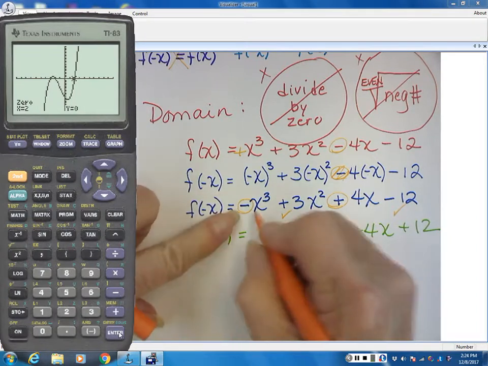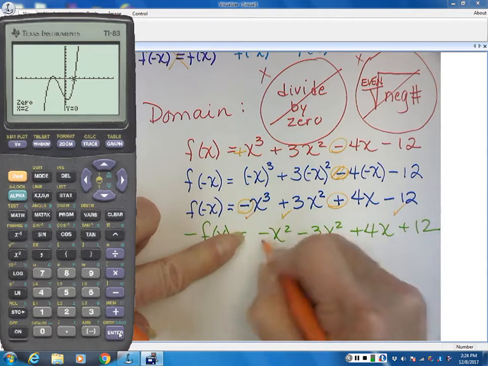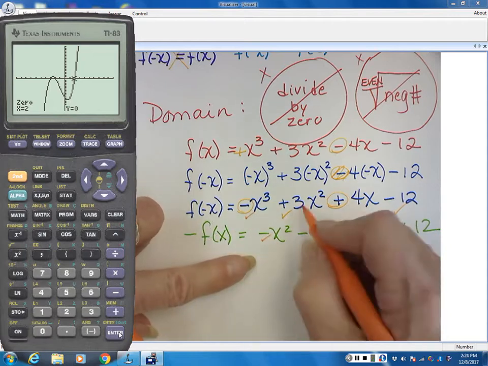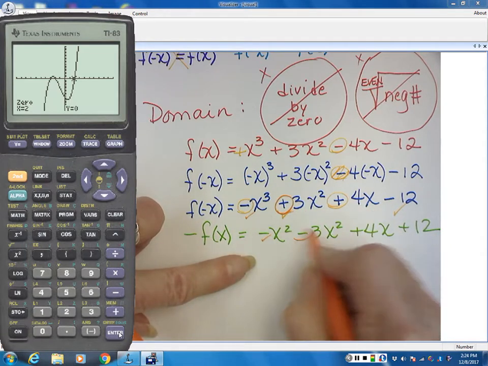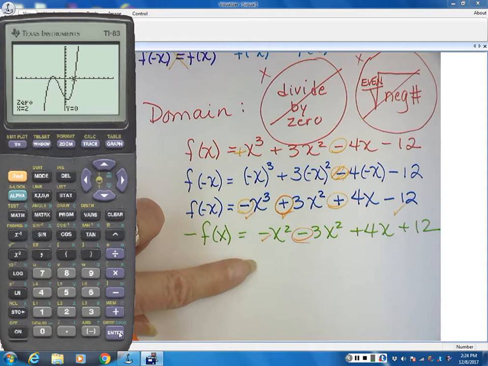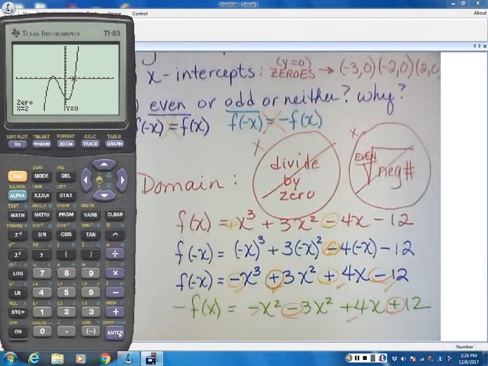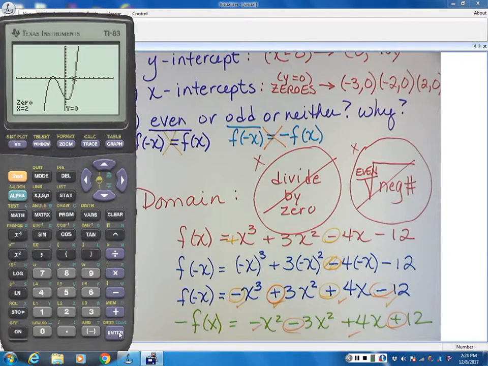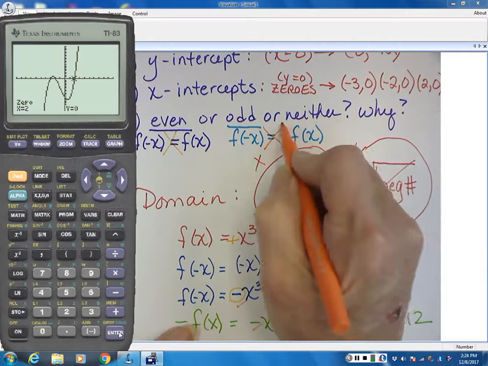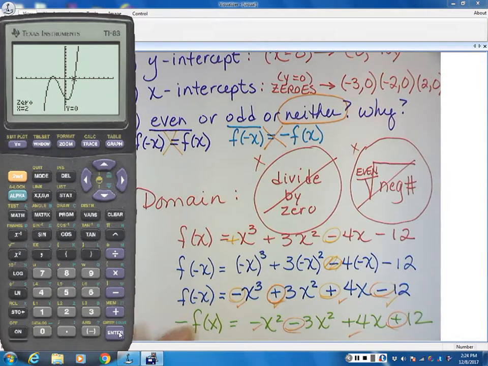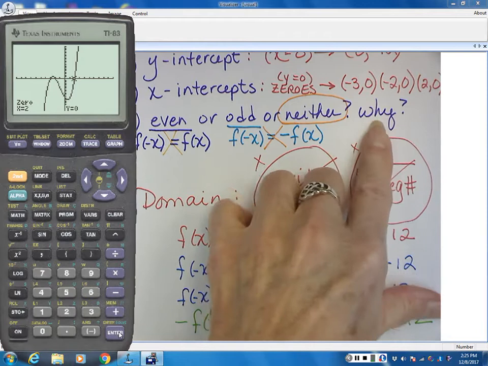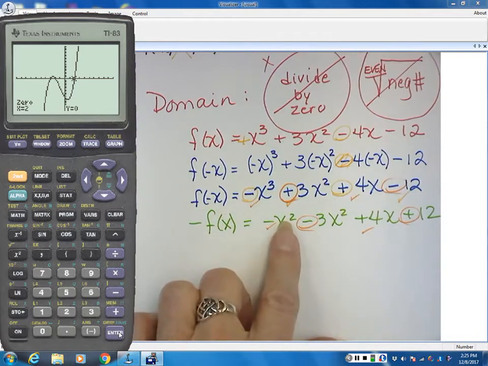Well, negative matches negative, so far so good. Then positive doesn't match negative. Positive matches positive, but negative doesn't match positive. That's not true either then. So that means it's neither. And the why is when you show me this.